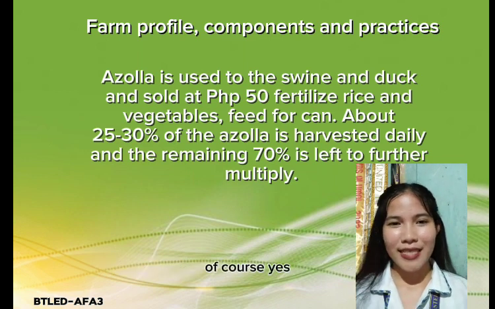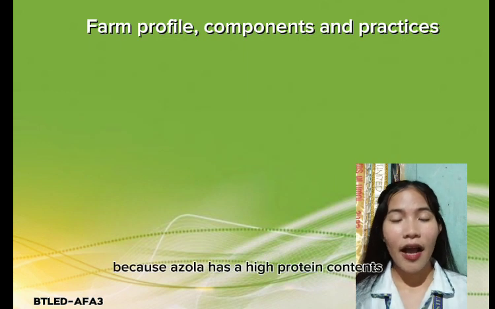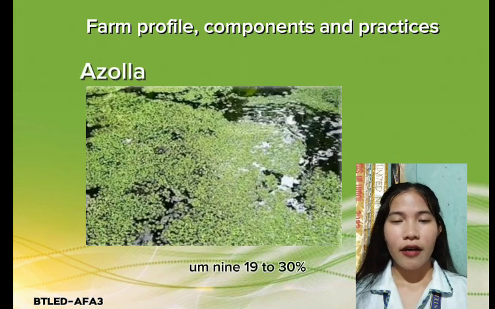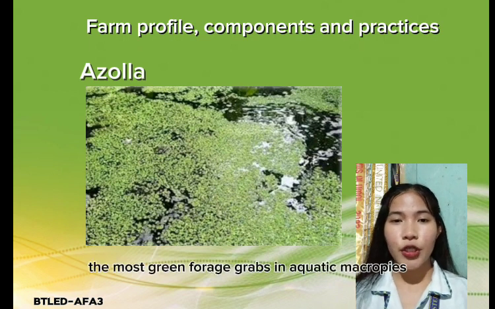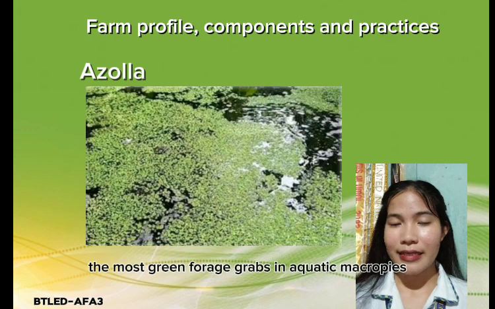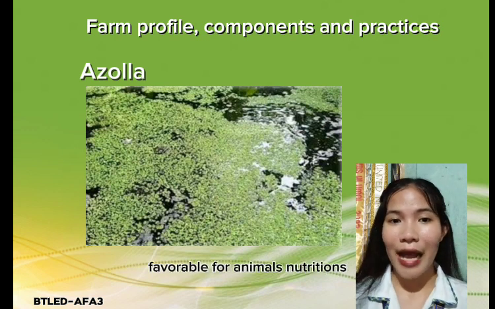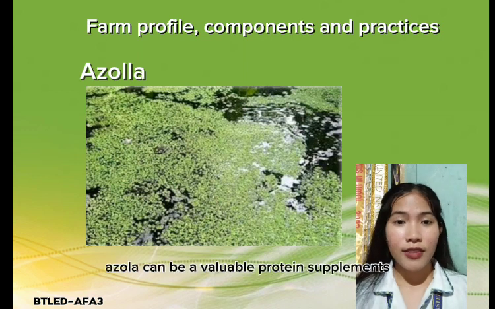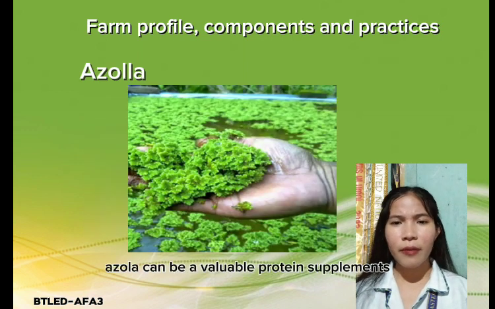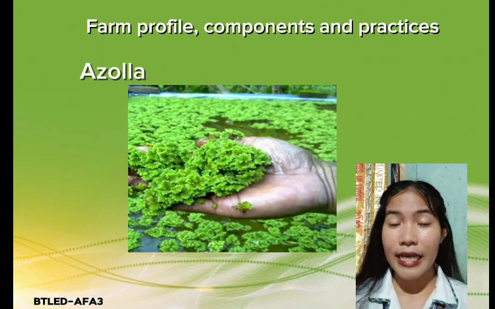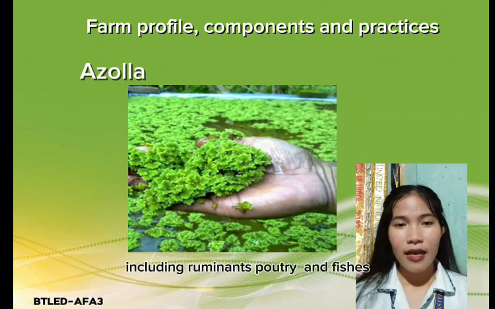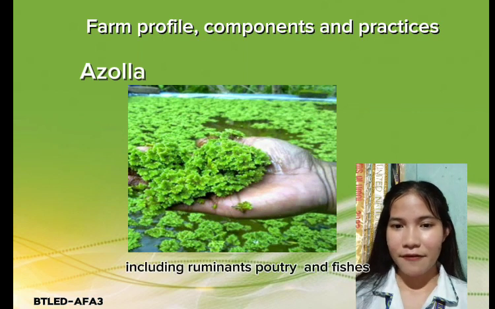Of course, yes, because azolla has a high protein content, 19 to 30%, higher than most green forage crops and aquatic macrophytes, and an essential amino acid composition favorable for animal nutrition. Azolla can be a valuable protein supplement for many species, including ruminants, poultry, pigs, and fishes.